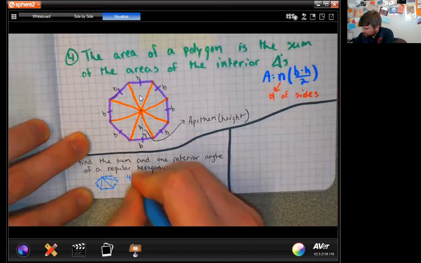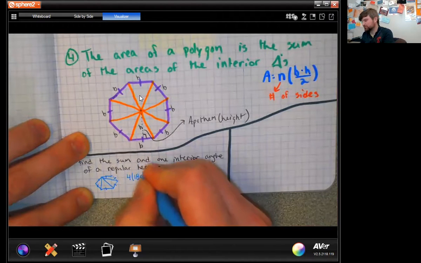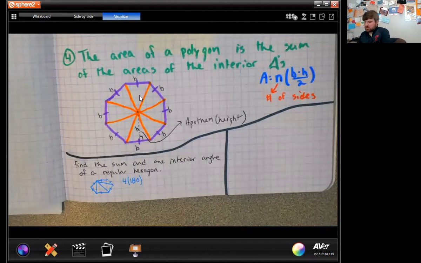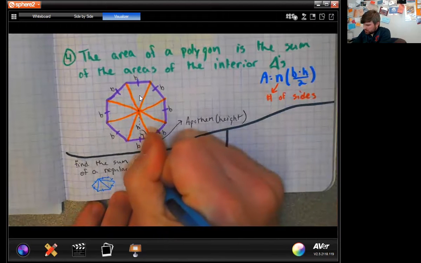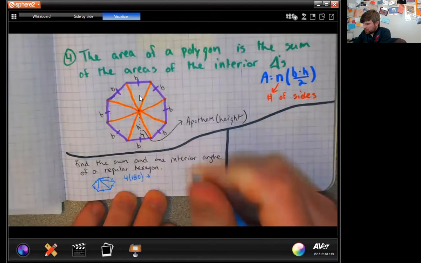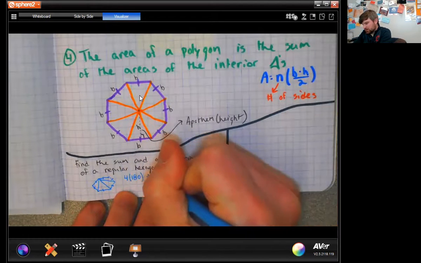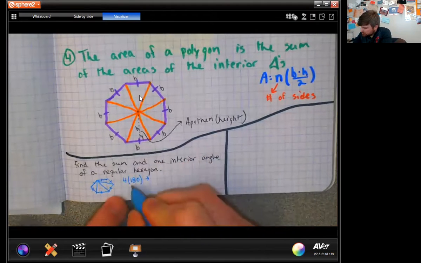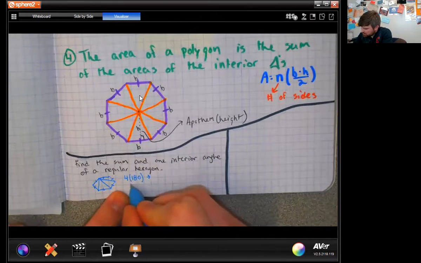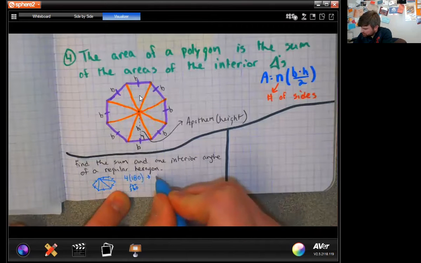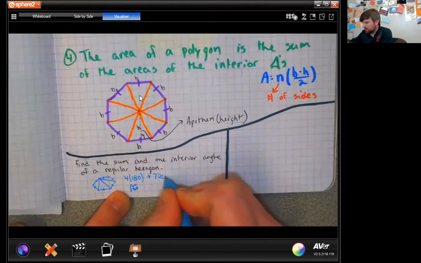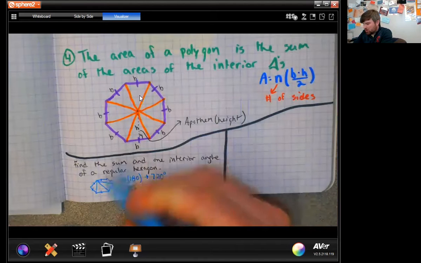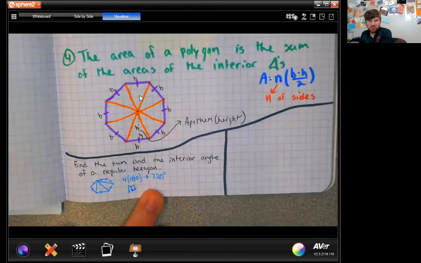So you take 4 times 180. Okay, and 4 times 180 is, so you got 360. So 180 and 180 is 360. 360 and 360 is 720.